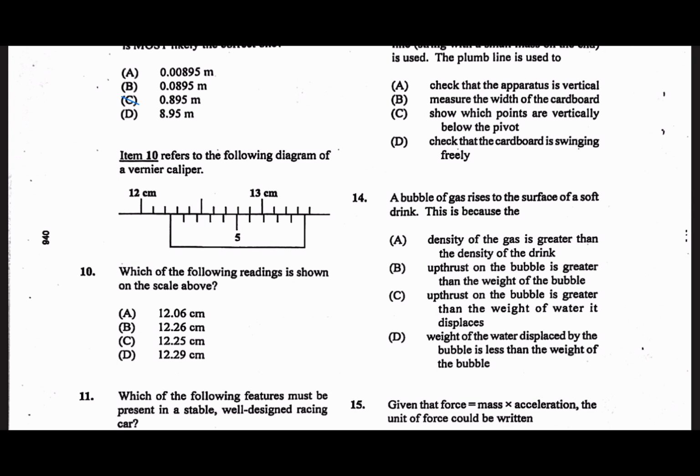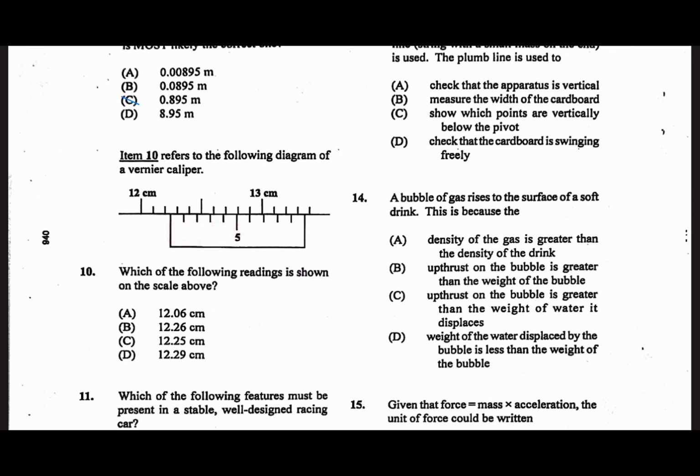Between 12 and 13, that's 1 centimeter, and in between that, each increment is 0.1 centimeters. The vernier scale will tell us the reading to 0.01. In this situation, 0 starts over here on the vernier scale. Then this is 1, this is 2, this is 3, this is 4, and that's 5.